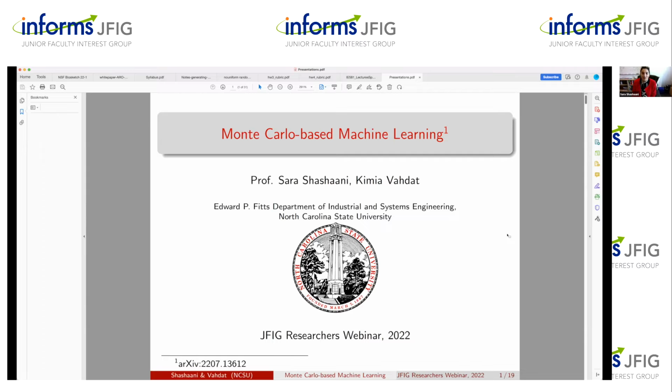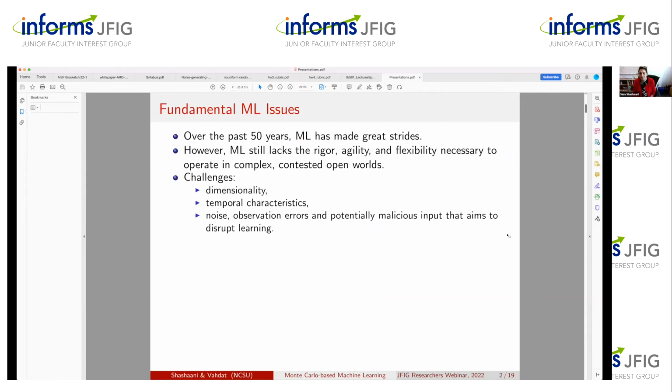Even though we are coming from very different research backgrounds, perhaps we all are pretty much aware of machine learning, right? Over the past 50 years, there has been a lot of amazing developments in the field of machine learning, and it has specifically been in the past decades, maybe with progress with these deep learning neural nets and so on.